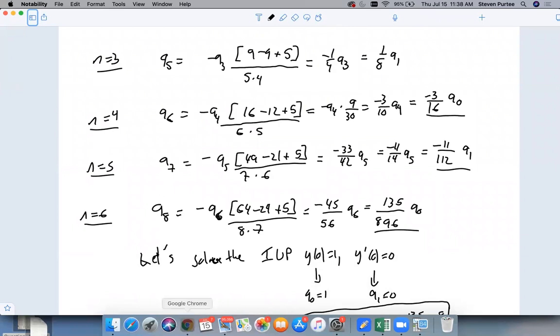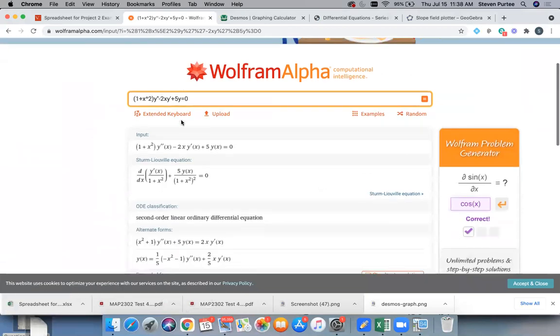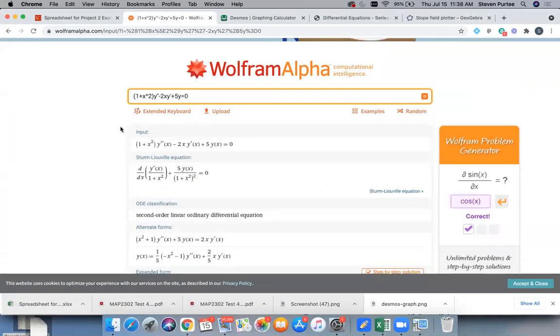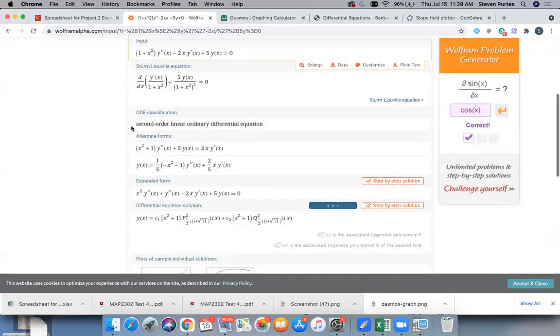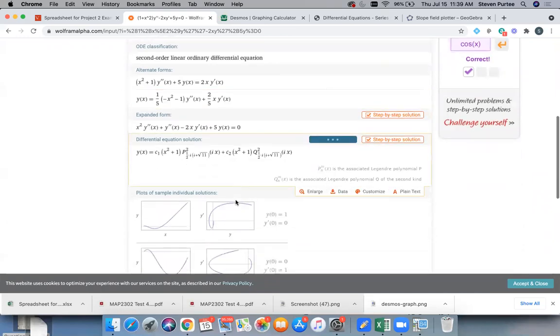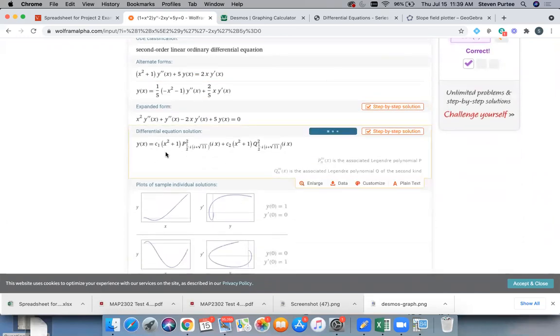I typed this DE into Wolfram Alpha, this is what the real solution looks like. There is a solution to this DE, but it depends on Legendre polynomials and Legendre polynomials of the second kind. There was a button here that said approximate form.